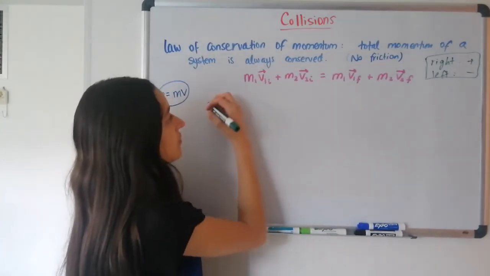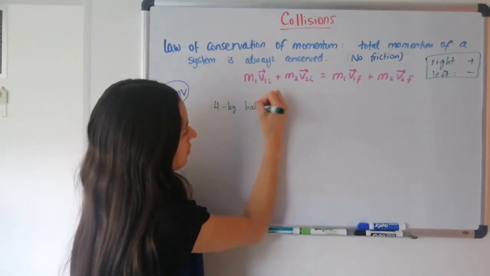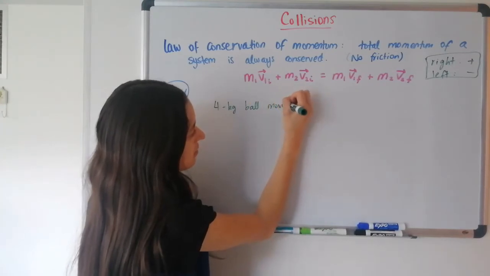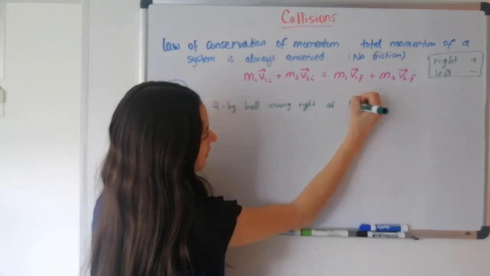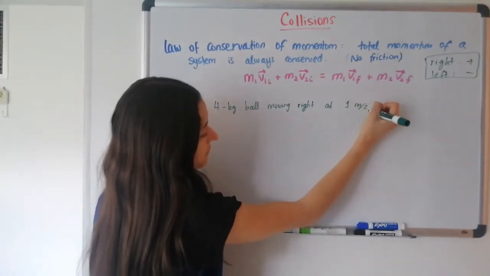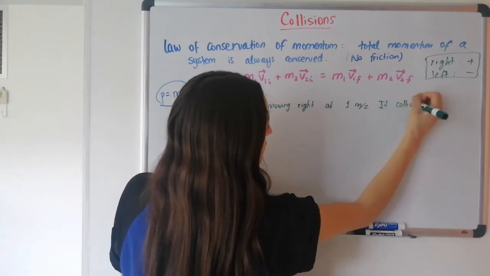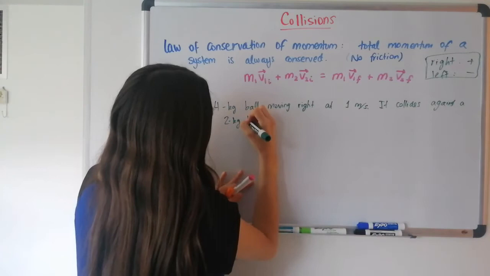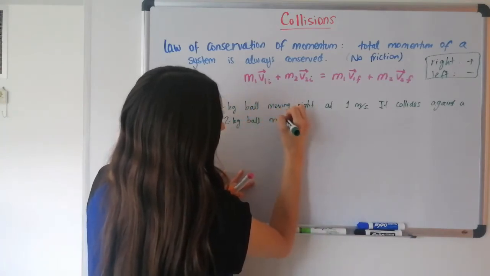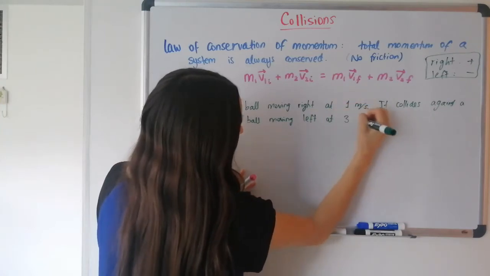There is a 4 kilogram ball moving right at 1 meter per second. It collides against a 2 kilogram ball moving left at 3 meters per second.